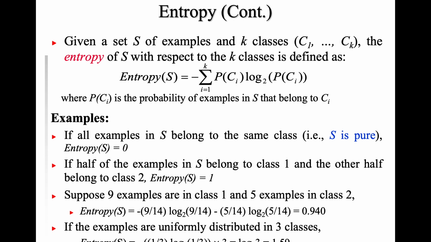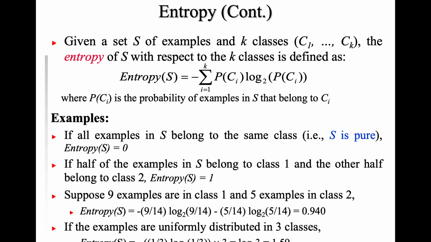What is the probability of an example being in class 1? In total, we have 14 instances, right? 9 and 5 is 14. What is the probability that it goes into class 1? It's 9/14, right? And what is the probability of examples to be in class 2? PC2 is 5/14.